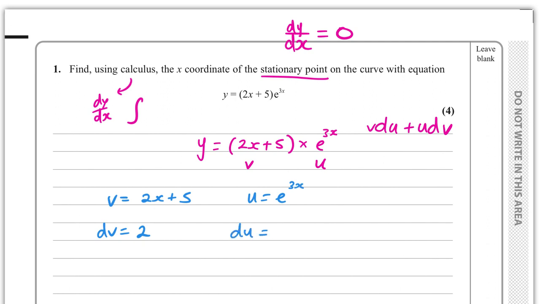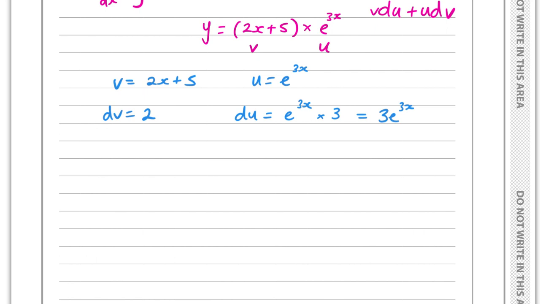The differential of u is e to the 3x multiplied by the differential of the power, which is 3e to the 3x. So v du plus u dv. So I'm going to have 3e to the 3x multiplied by 2x plus 5, plus 2e to the 3x.